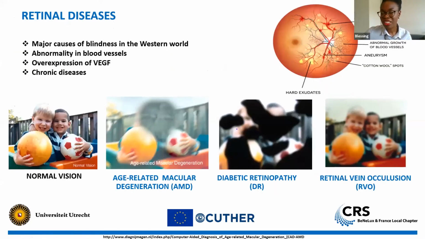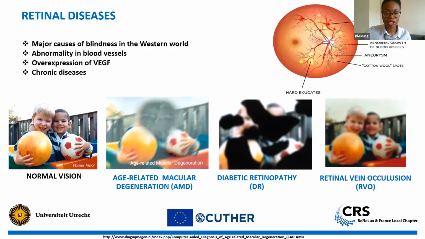Why are we focusing on the posterior segment of the eye and specifically on retinal diseases? One of the major reasons is that retinal diseases are among the major causes of blindness in the Western world. Diseases like age-related macular degeneration, diabetic retinopathy, and retinal vein occlusions are really common.